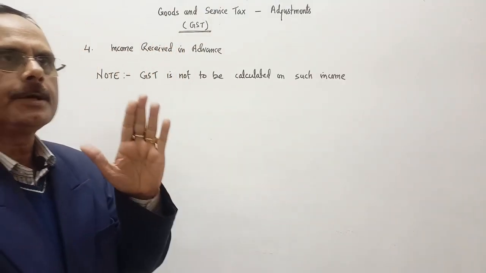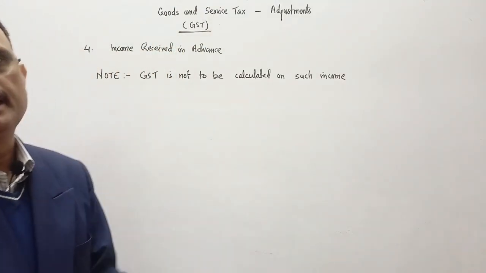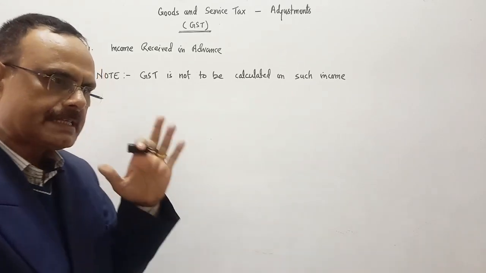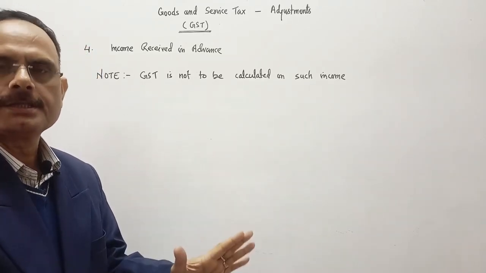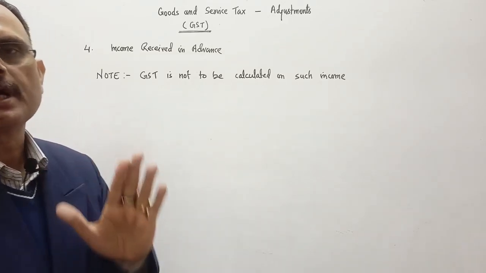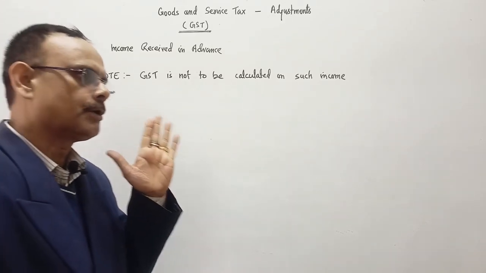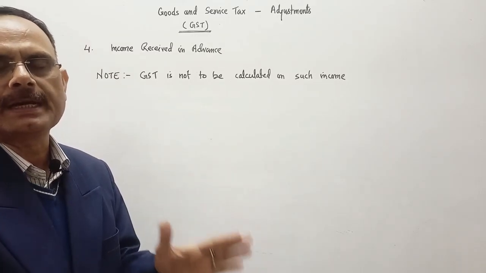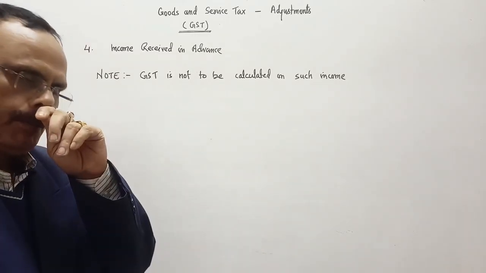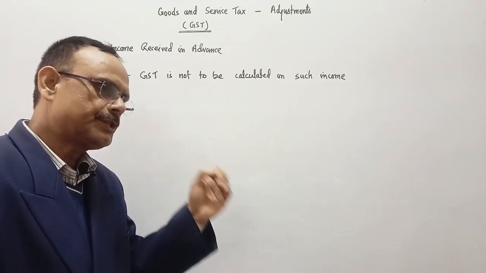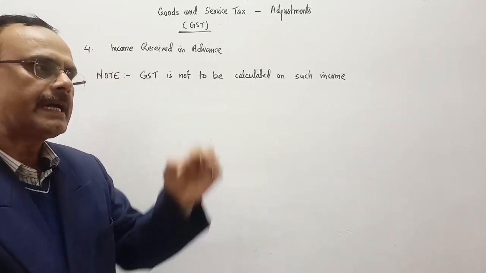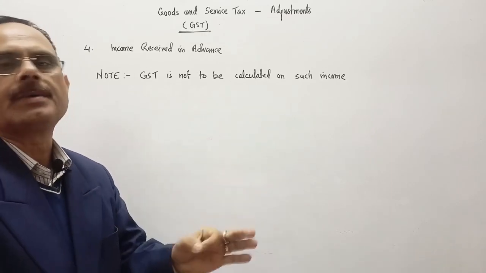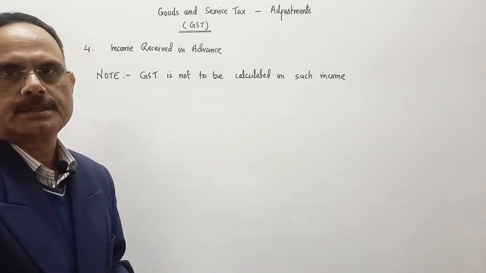Next is income received in advance. If it is given in the adjustment, income received in advance, then we are not going to calculate or do any adjustment related to GST, because GST is already received when that income is received by the company, by the business.